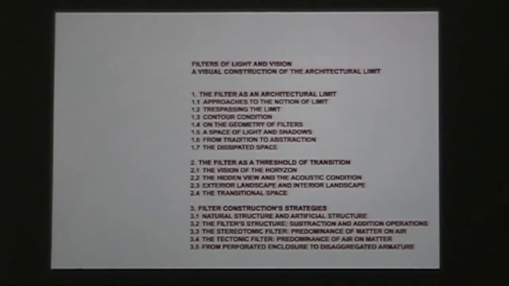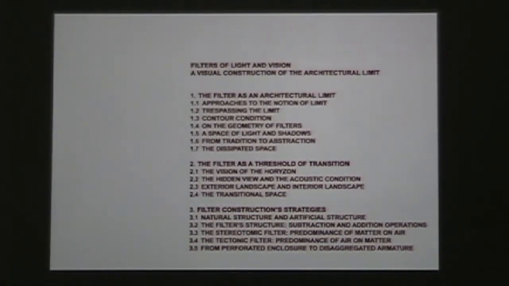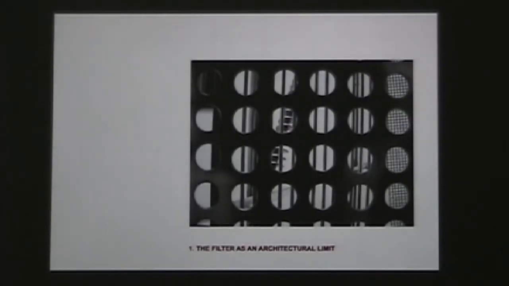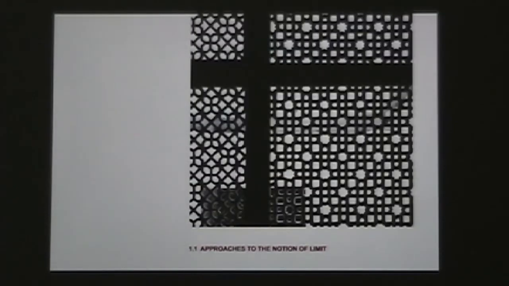This is a summary, so I will not be commenting on the specific images, but I wanted to illustrate so you get an idea of the material that I've been working on. The first chapter is on the filter as an architectural limit, and the first section deals with the approaches to the notion of the limit.